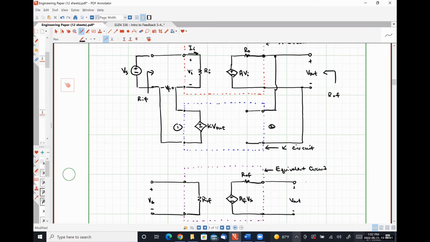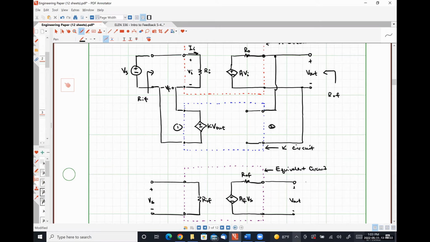The voltage present at our output terminals is simply A times Vi, because we have no load for there to be a drop over, and our feedback network does not load the output at all because of this open circuit. There's effectively no current flowing through this loop, so our output resistance doesn't really do anything.